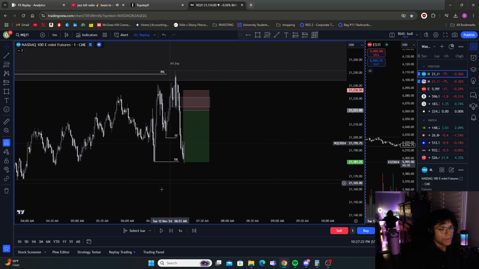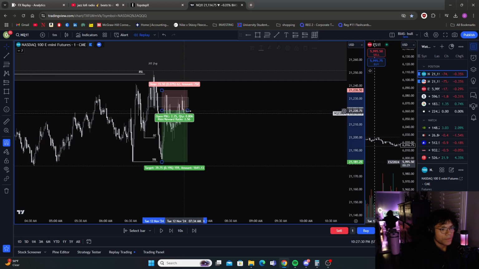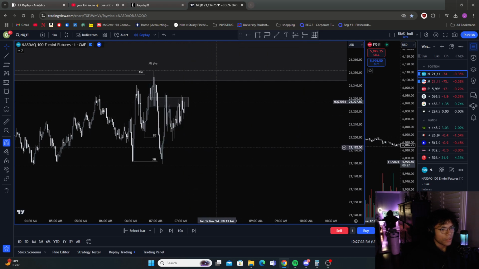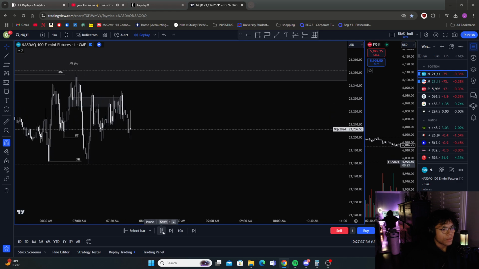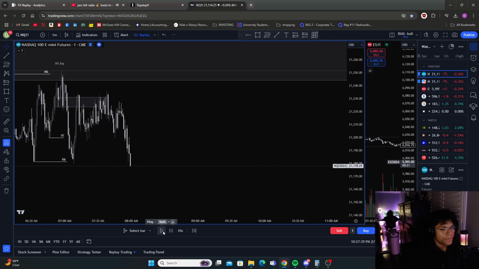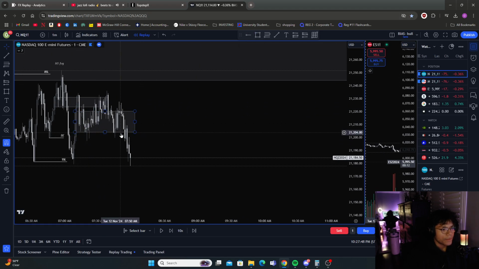Now there is one more, right? So I'm gonna speed it up. And the rest of the day was just pretty wonky, right? We have this fair value gap right here that we're holding, respecting by the tick, right?